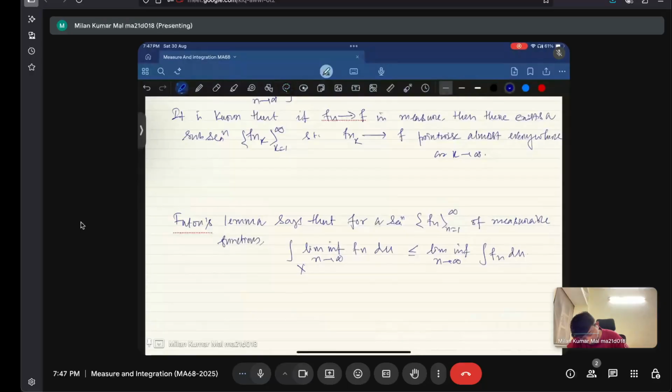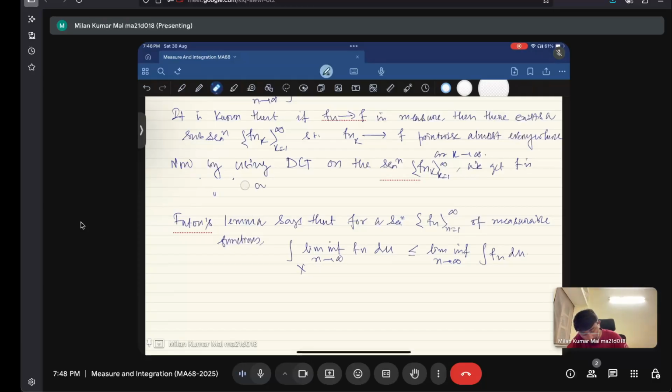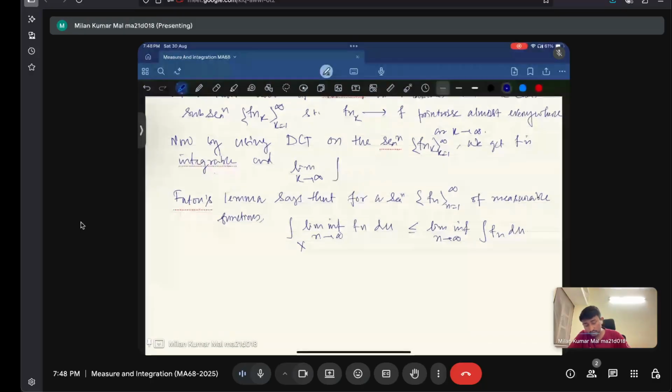So now, by using the dominated convergence theorem on the sequence f_{n_k}, we get f is integrable, and the limit as k tends to infinity of the integral of f_{n_k} d mu is equal to the integral of f d mu. This is what we can write.